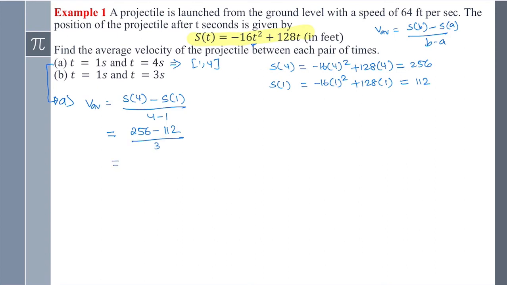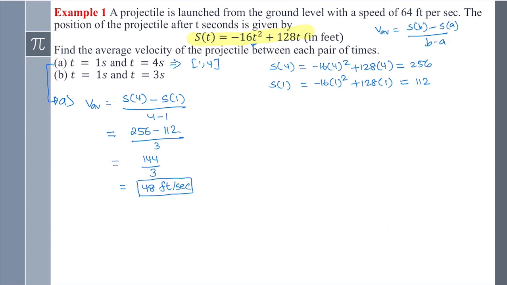That gives us 144 over 3, which is equal to 48 feet per second. So that is the average velocity over the interval 1, 4.